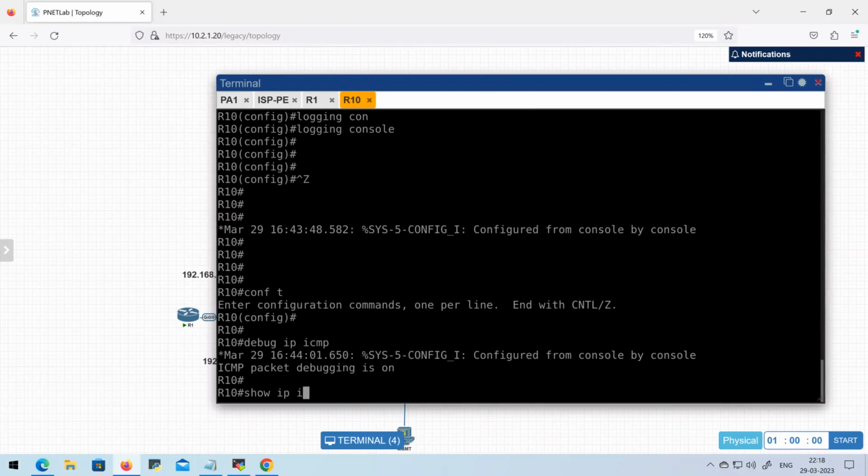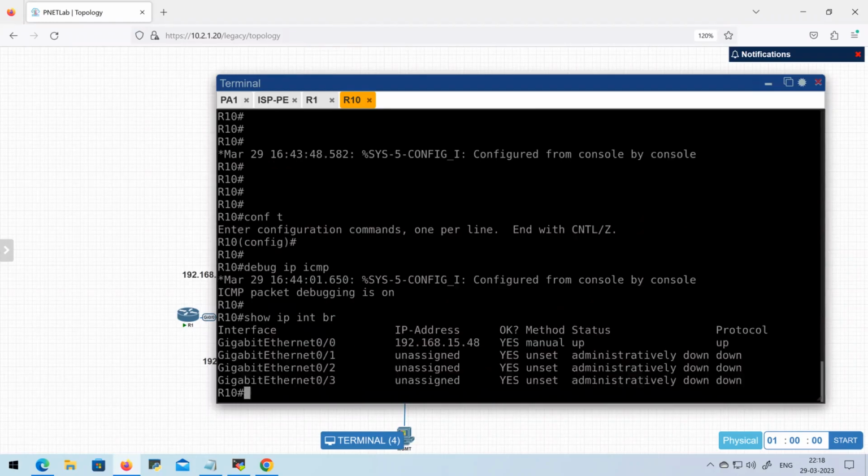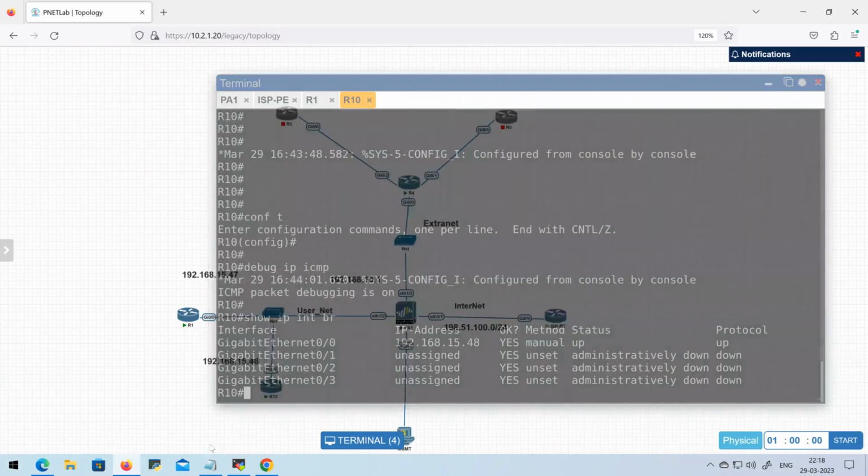We changed the IP to 48, right? Not 11. It was the previous log. Yes, not coming over here.